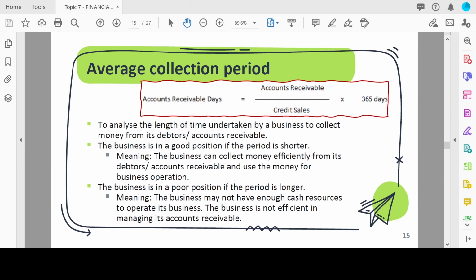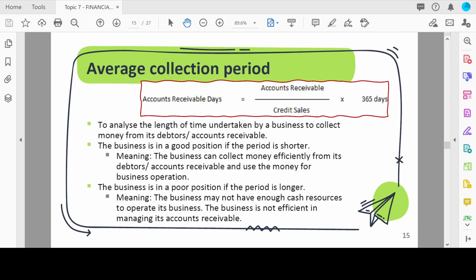They need to know who the credit customers are. They need to check the background of their customer first before they grant the credit, to avoid this problem. Because if they take a longer time to collect the money from the accounts receivable, they might face a cash problem in the future.